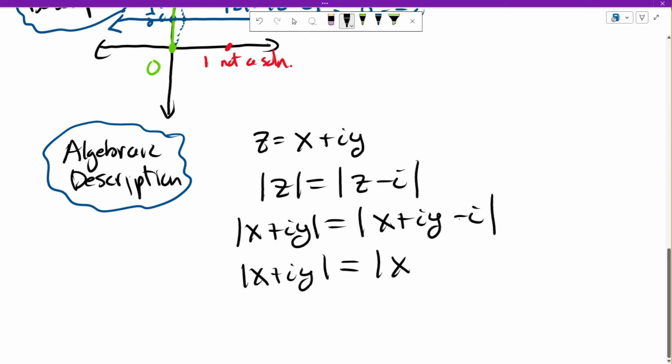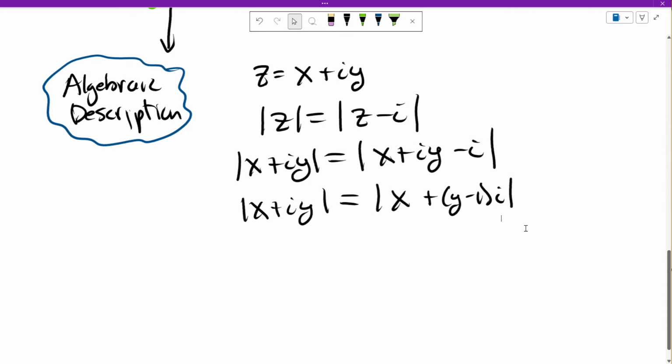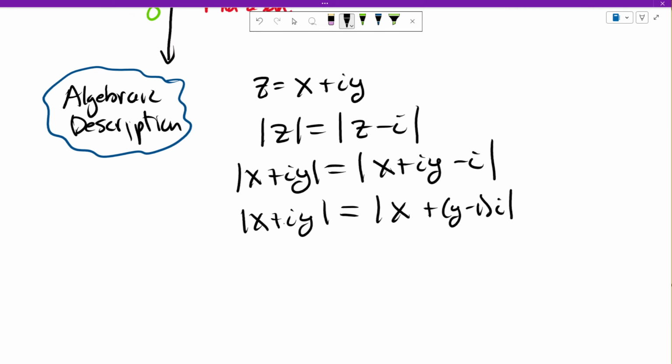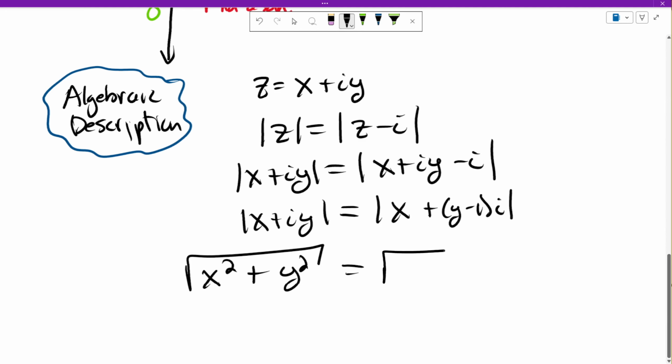On the right-hand side, we can factor out an i. We'll get a y minus 1 when we factor out the i. So now we're in a position to take the modulus of both sides of this. The modulus is the square root of the real part squared plus the imaginary part squared. Don't put i's here. And the modulus of the right-hand side is the square root of x squared plus y minus 1 squared. Great.